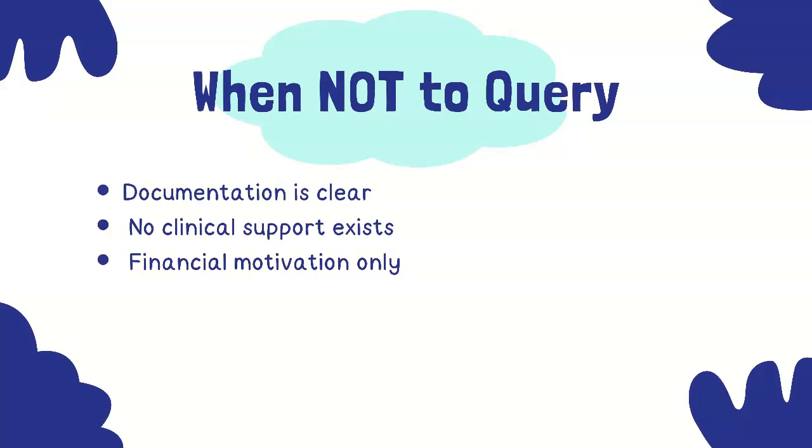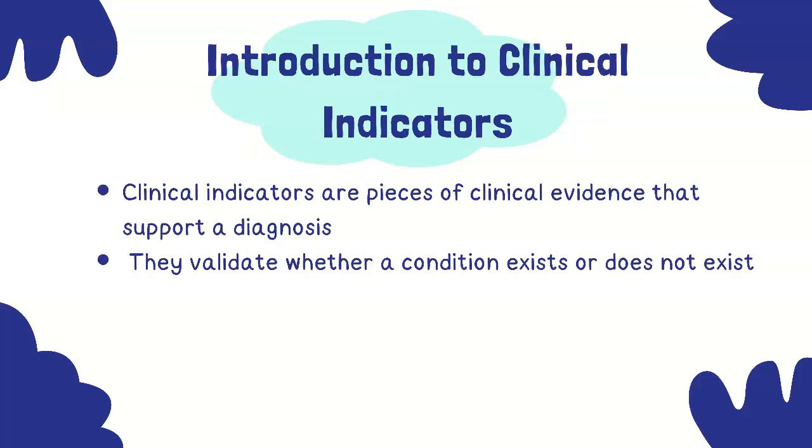And so you don't want to query for financial reasons only. It has to be based on the clinical indicators. Every query must be justified by clear clinical indicators and a true need to improve the documentation, not just "show me the money."